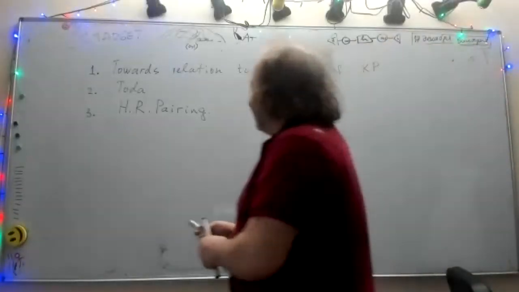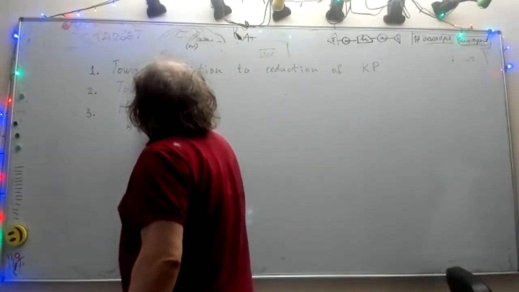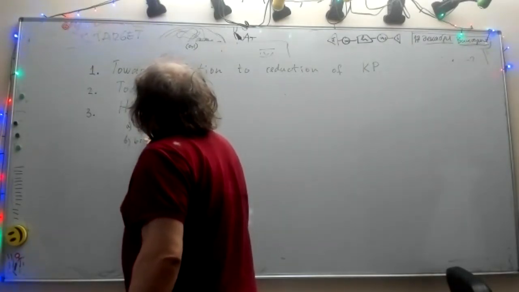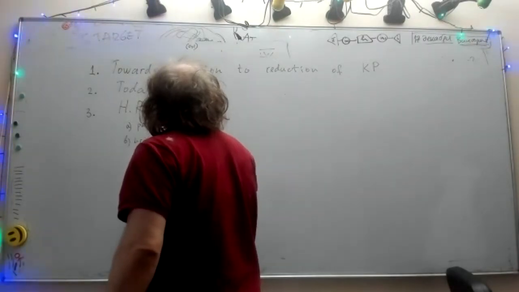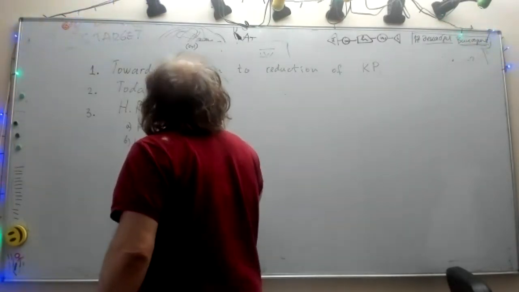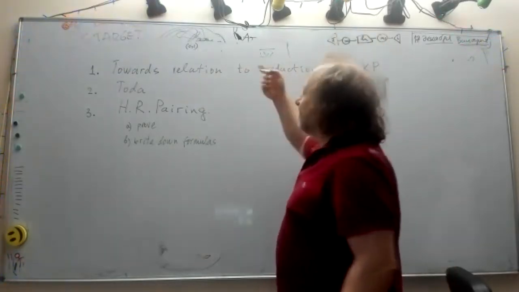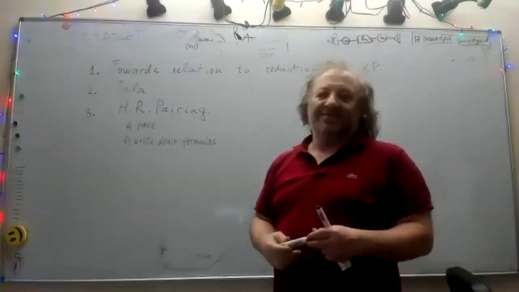So once again, this higher residue pairing is needed to prove something. And point B, to write down formulas. In particular, if we'd like to have some kind of relation, we need the theory with cyclicity, okay?